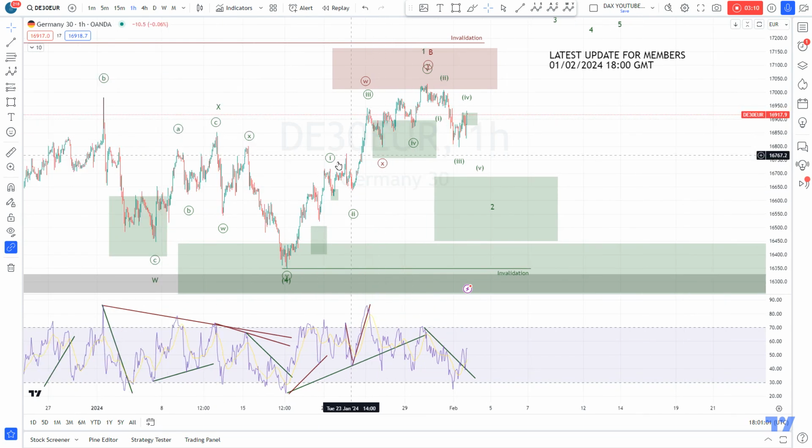Then we also have to put a running flat structure as a wave 2, like this, 1, 2, 3, and a running flat structure as a wave 4, 1, 2, 3, like this.